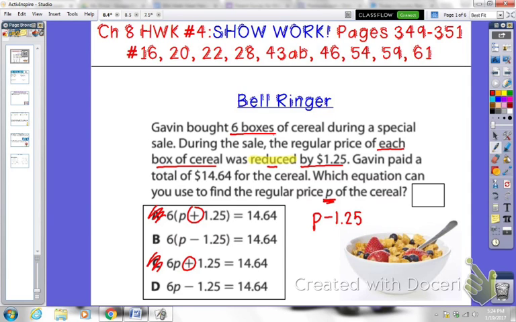So my answer is B here, because if I take P minus 1.25 and I do that 6 times in a row, I need my 6 out front. Letter D represents 6 boxes of cereal, and you're only subtracting the 1.25 one time instead of 6 times. So the correct answer here is B.